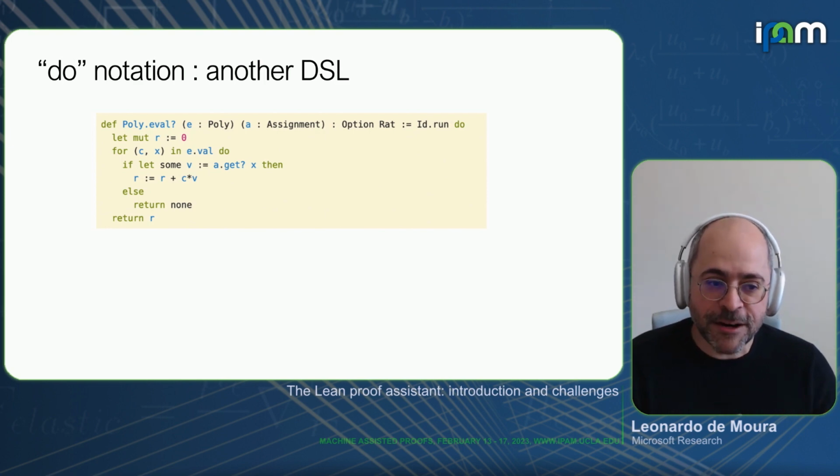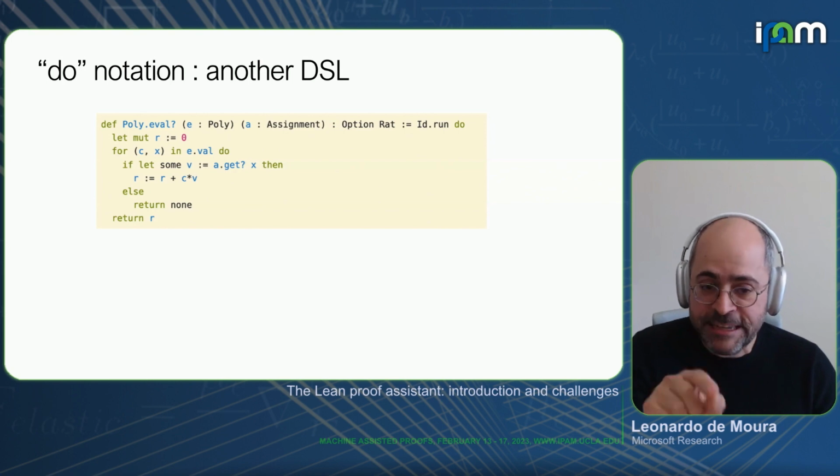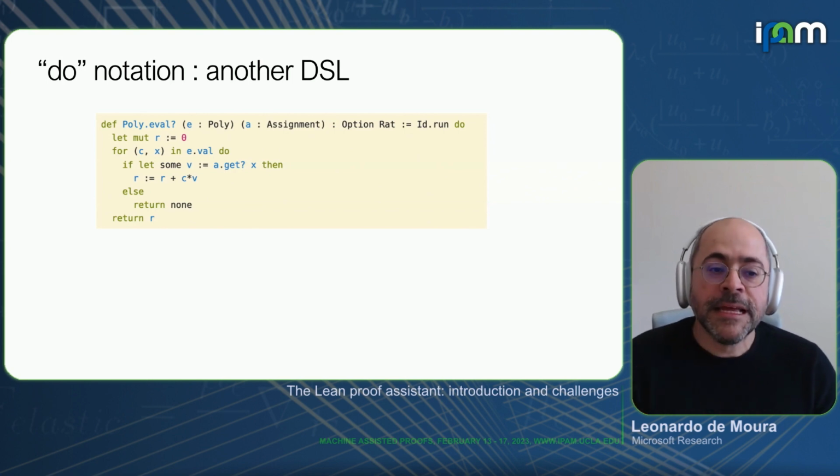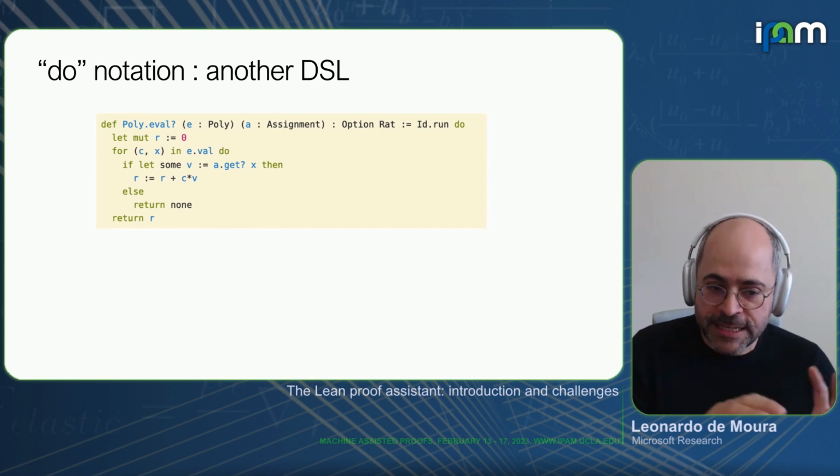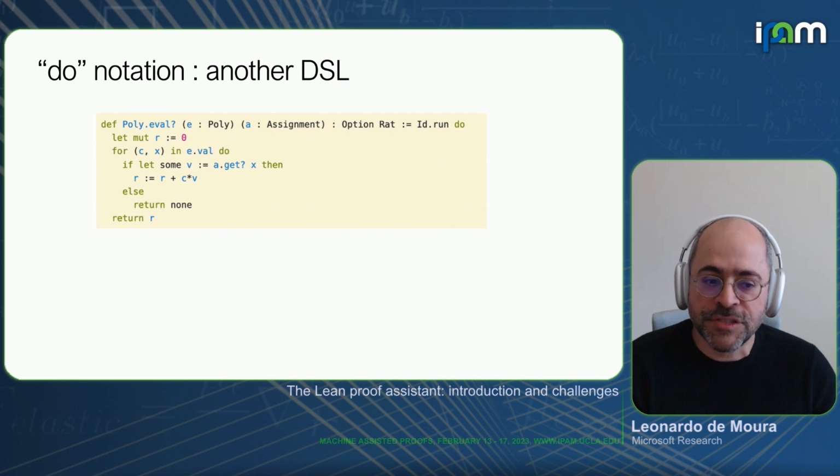The polynomial is a pair of coefficient and variable. We are going to use the assignment to check the value of the variable. If the variable is not in the assignment, we fail and return none. Otherwise, we keep incrementing R, updating the result R, right? And it returns R.